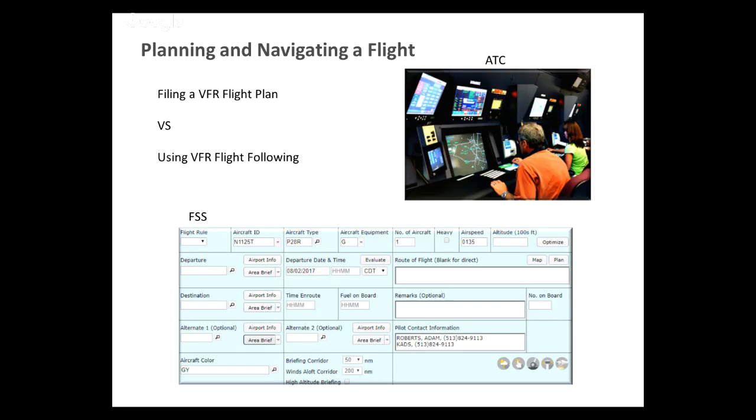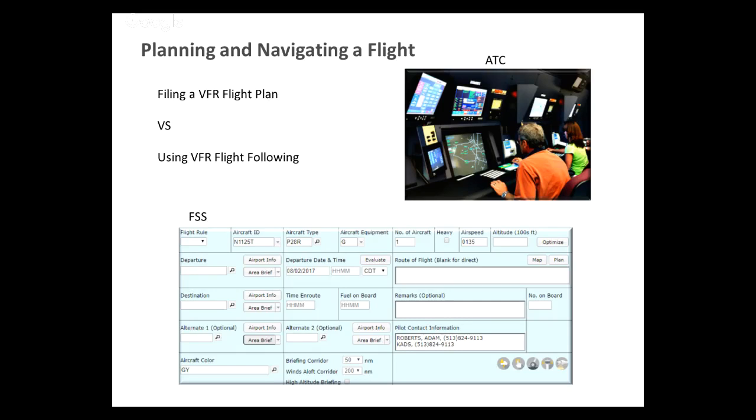They do not have radar. They can't tell you if there's delays going into certain airports. They are purely there for airport information and weather purposes. And 99 times out of 100, you will utilize FSS, or Flight Service Station, for weather.